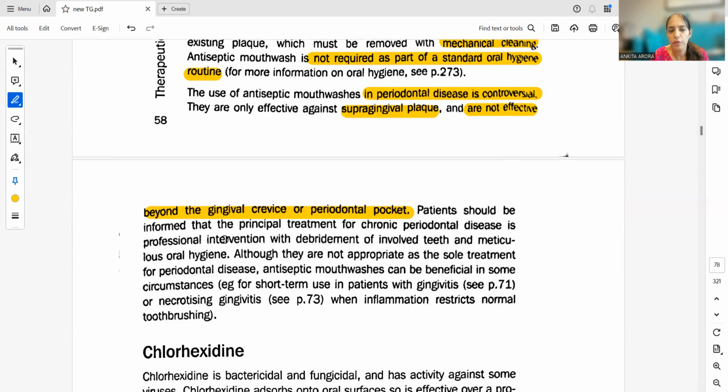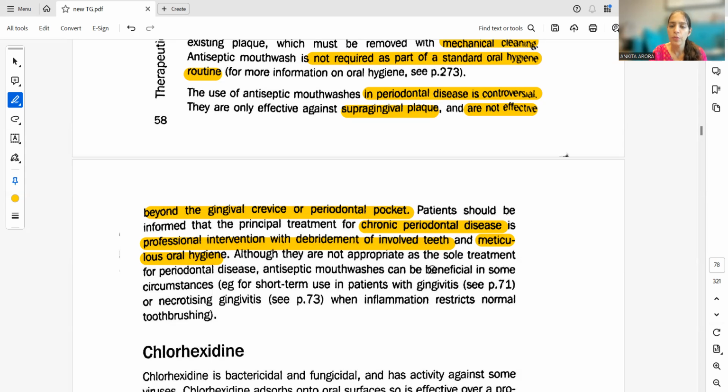Patients should be informed that the principal treatment for chronic periodontal disease is professional intervention with debridement of involved teeth and meticulous oral hygiene. So the antiseptics per se are just an adjunct, and patients should be informed that chronic periodontal disease goes away with debridement of the involved teeth, that is scaling and prophylaxis.